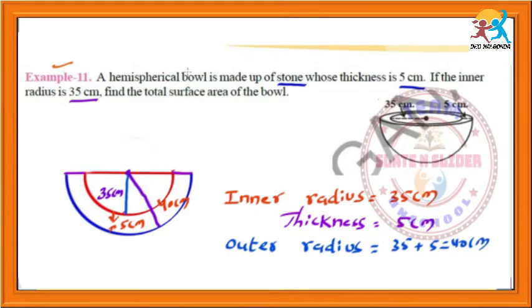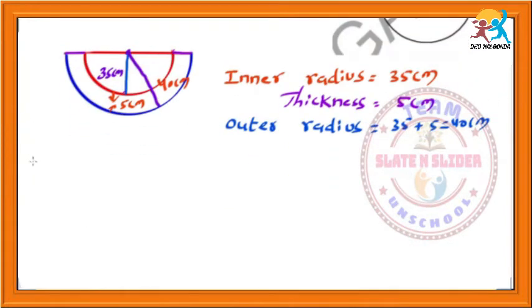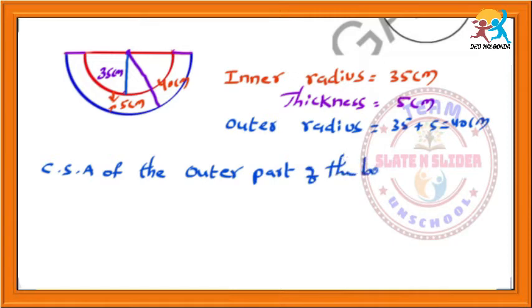What should we have to find out? Find the total surface area. First we have to find out the curved surface area, CSA, of the outer part of the bowl. That will be 2 pi r square.